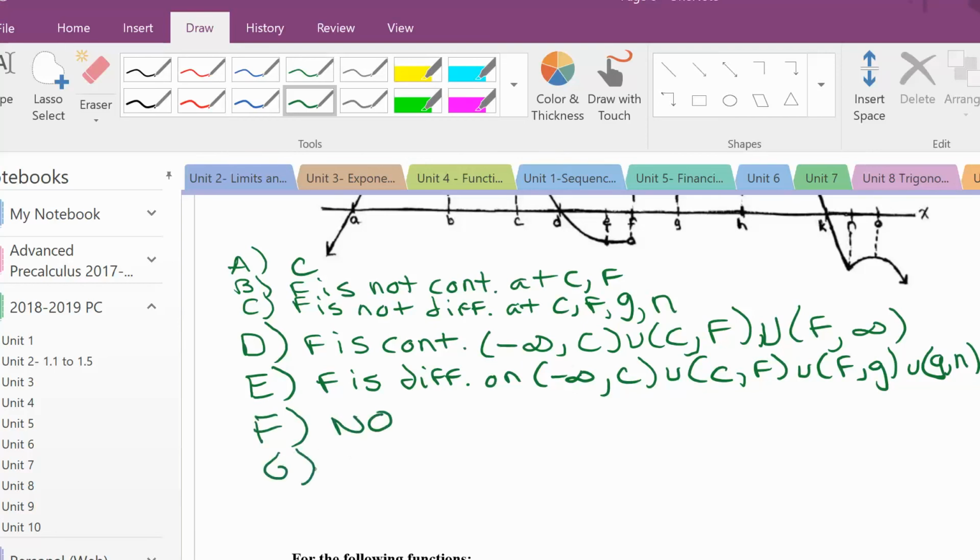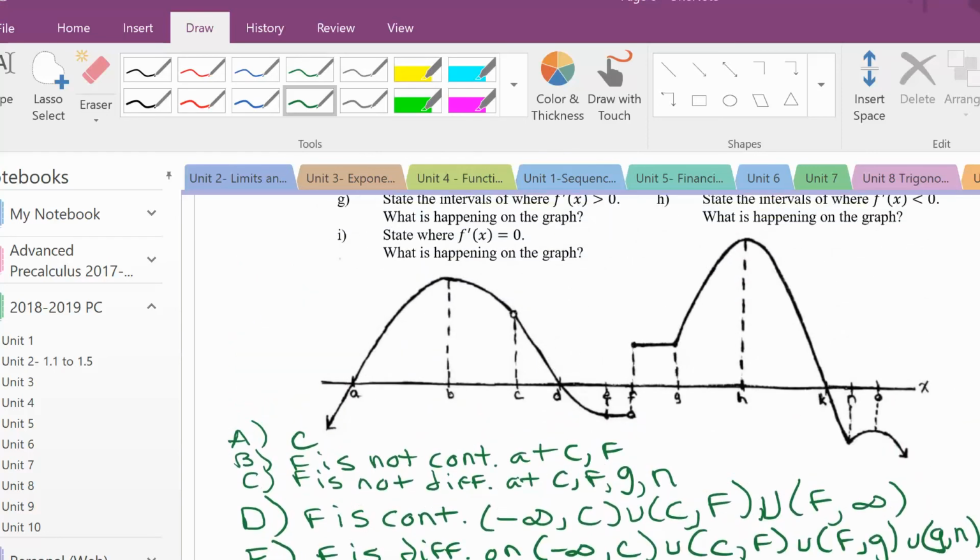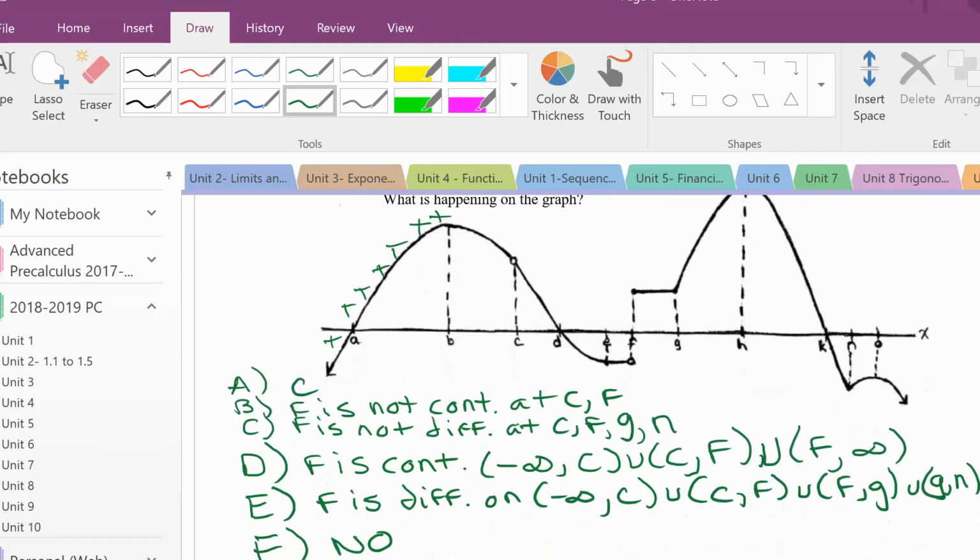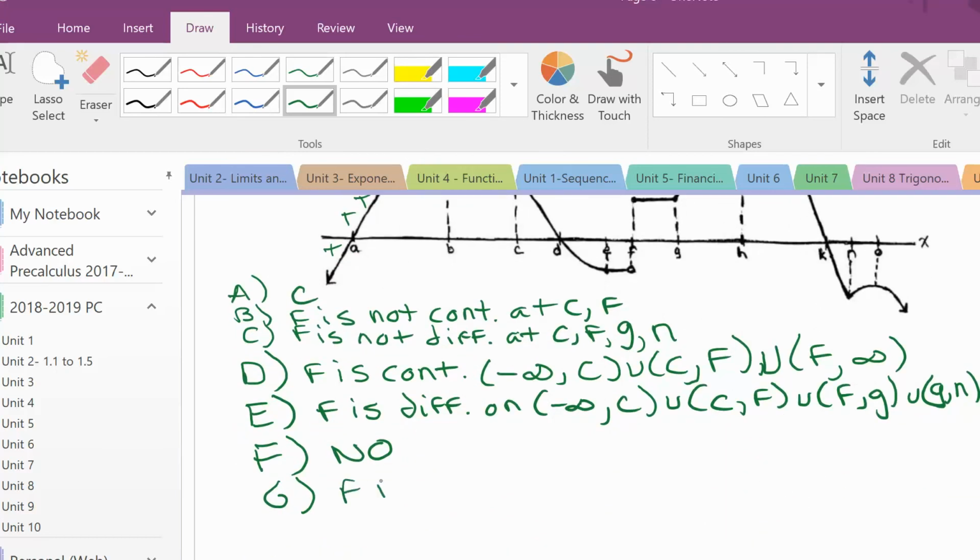For part G, it says state the intervals where the derivative would be increasing, would be greater than 0. Well, notice you're looking for where the slope is increasing. So notice it's increasing from negative infinity to B. And then you look at the graph some more.